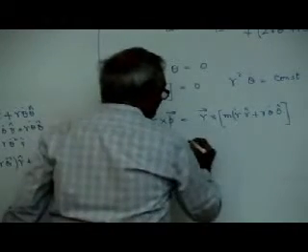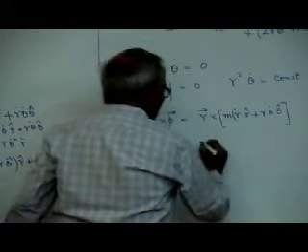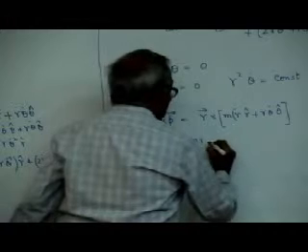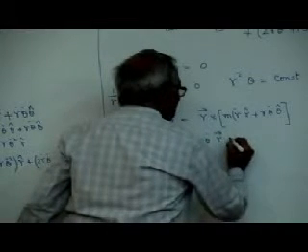The first term is 0, and the next term is nothing but r m r theta dot times r cap cross theta cap.